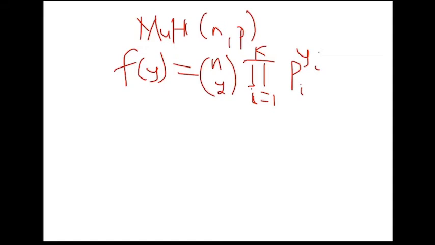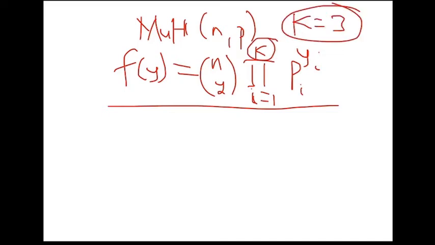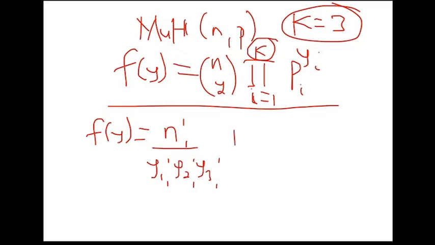Now if I want to rewrite this formula, because my k will be equal to 3, I have just 3 players. So I'm going to write n factorial divided by y1 factorial, y2 factorial, y3 factorial, then p1 raised to the power y1, p2 raised to the power y2, p3 raised to the power y3.